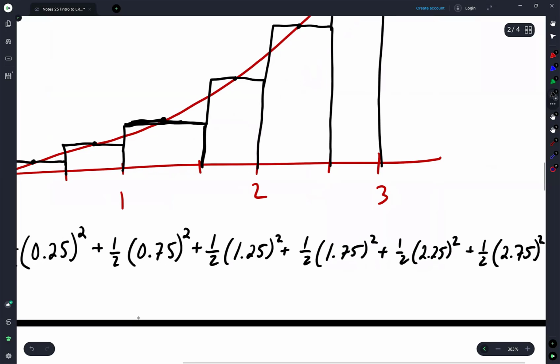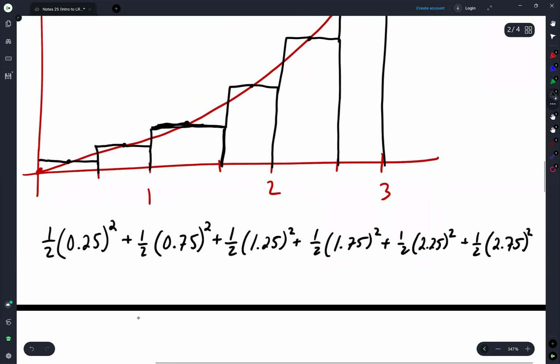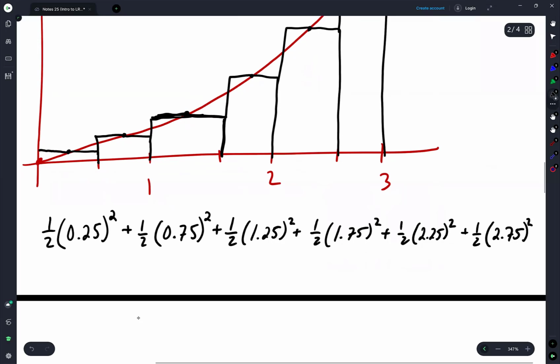And then go real carefully. This is not a race. Go real carefully, type that into your calculator. If you're taking statistics, you probably know how to do it really fast.